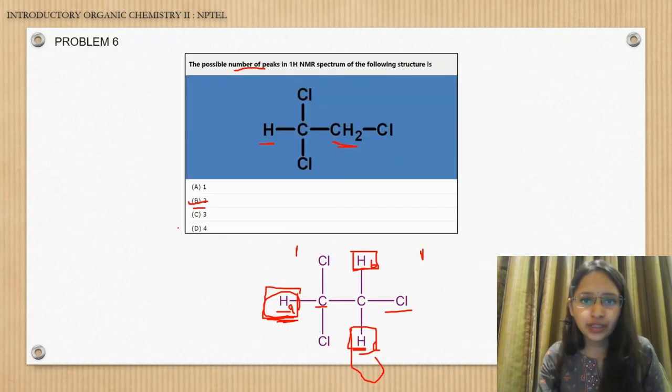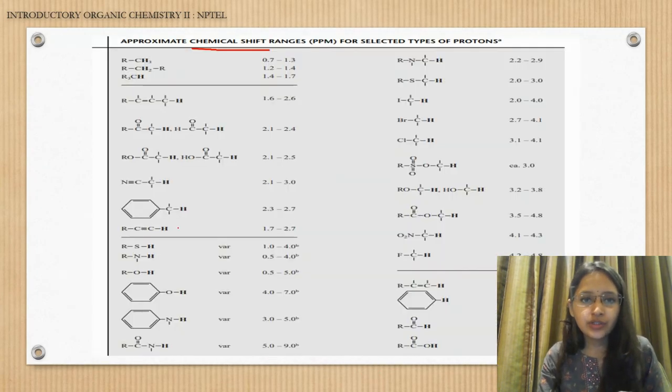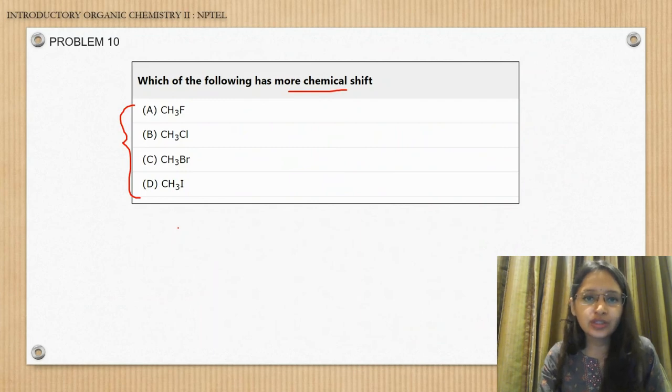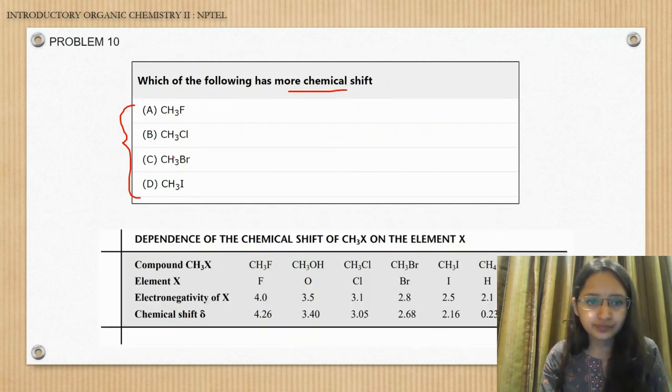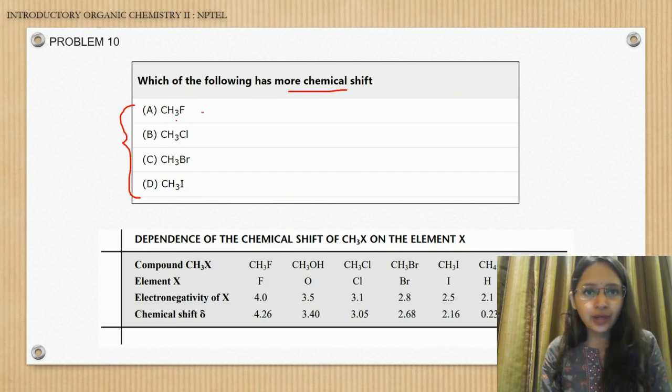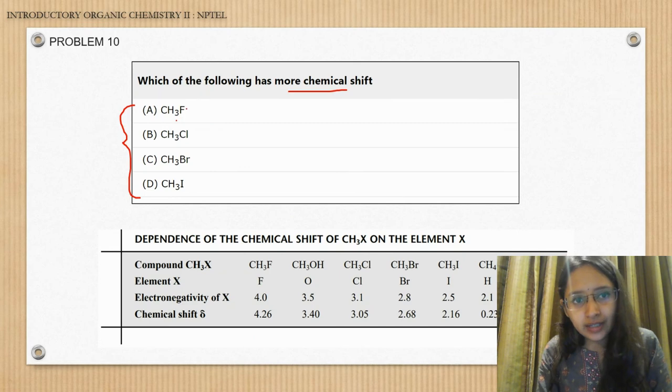So now we have to look at which among them is the most deshielded proton. Due to the electronegativity, we are going to answer this particular question. Now, we know that fluorine is more electronegative than chlorine, then bromine, and then iodine, right?